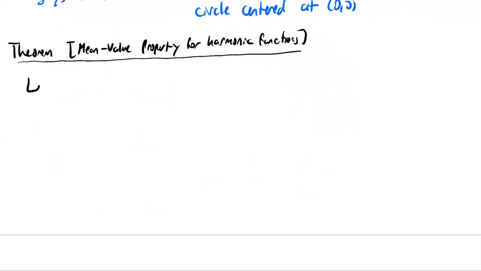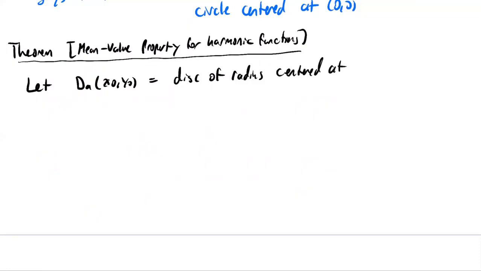And so I'm going to let D sub a of x naught, y naught be a disk of radius a, as we've been considering, centered at the point x naught, y naught. And let C sub a of x naught, y naught be the circle of radius a centered at the same point.